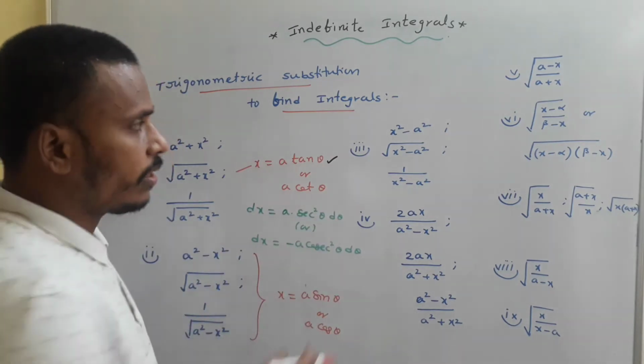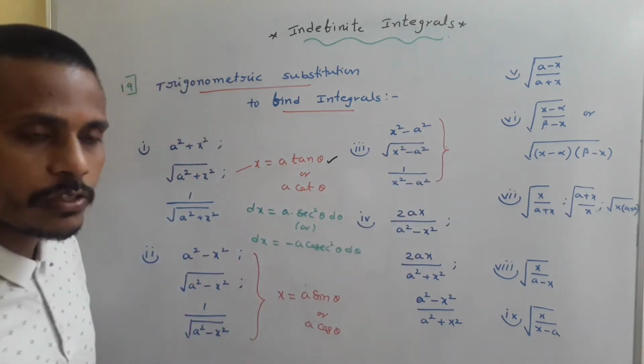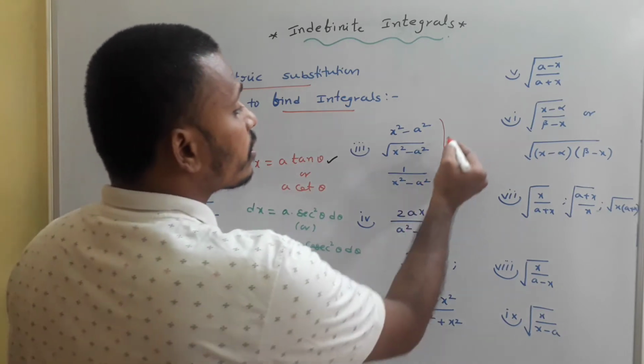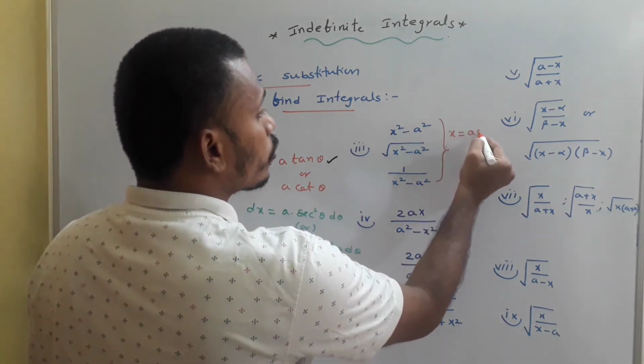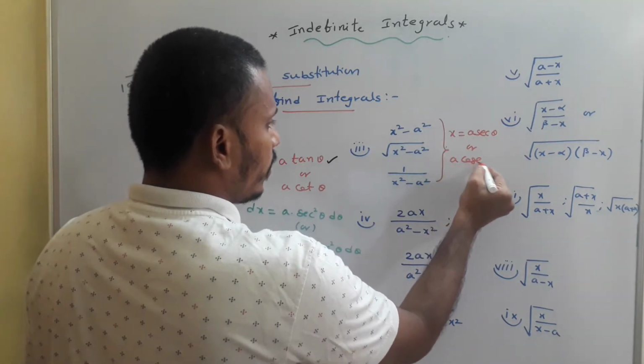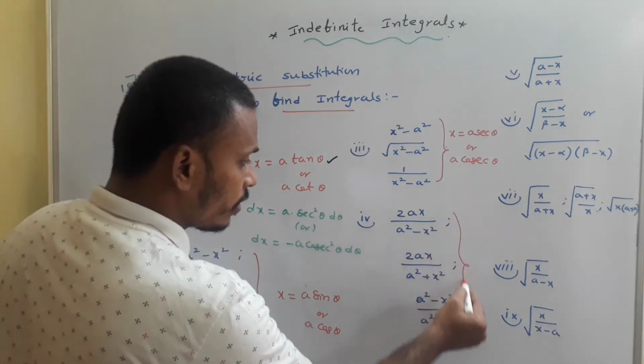Whereas for the next set, x square minus a square, root of x square minus a square and 1 by x square minus a square, we need to take x equals either a secant theta or a cosec theta.